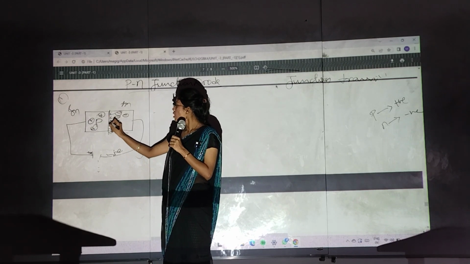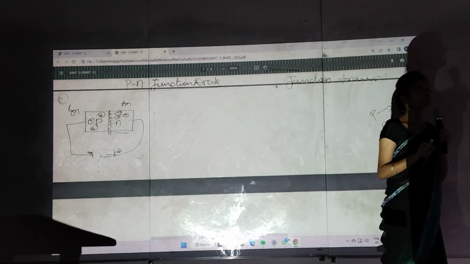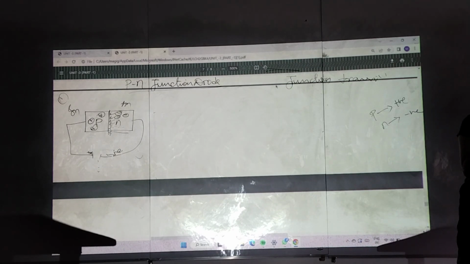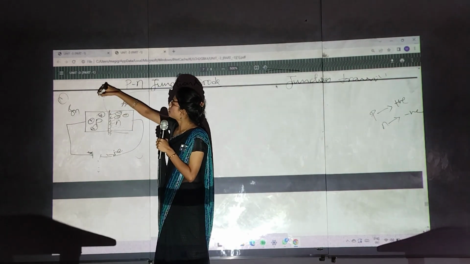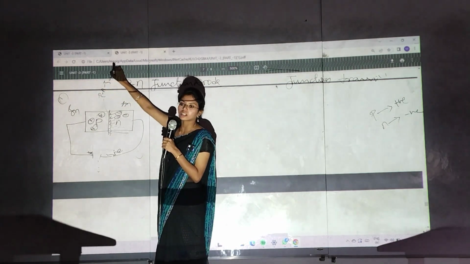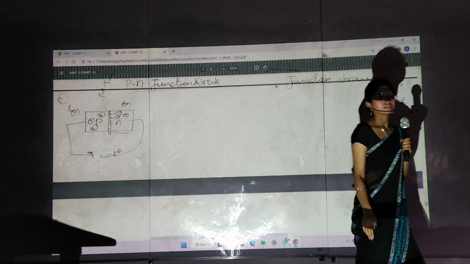And one more thing, can you see a separating barrier between the P-type and N-type? The P-type semiconductor and the N-type semiconductor are separated by a barrier, right? That barrier you will call the P-N junction. It is the junction of P and N. Understood?